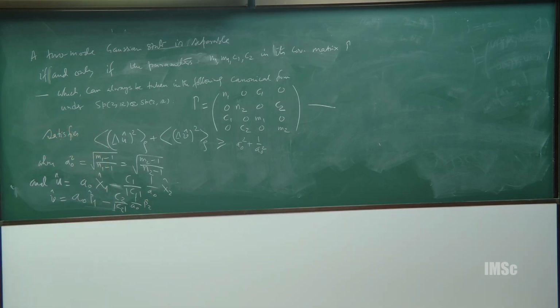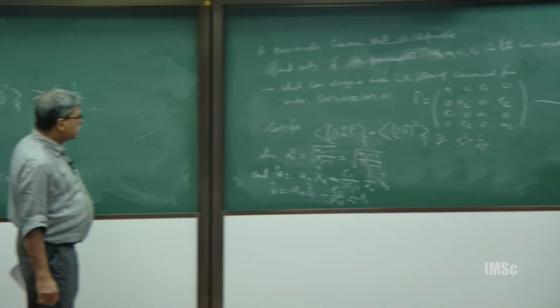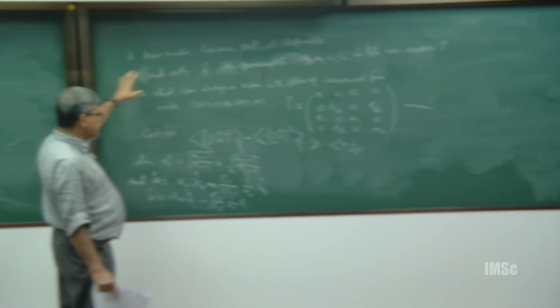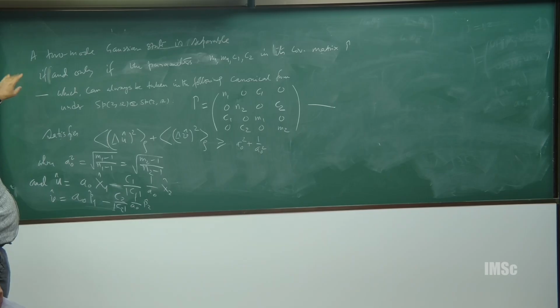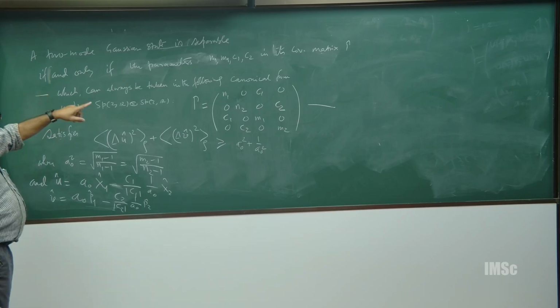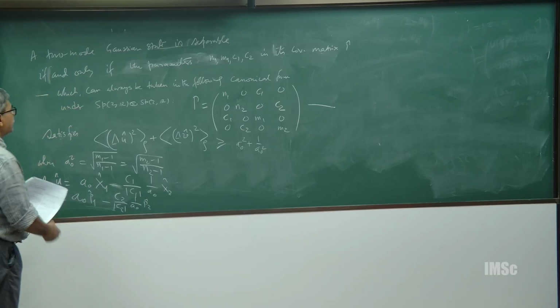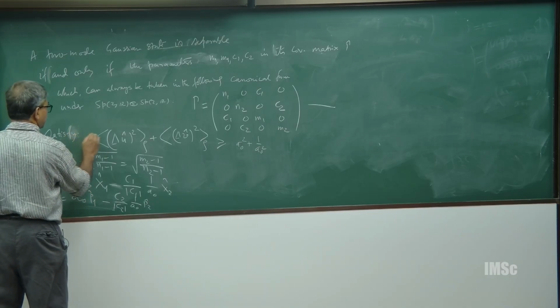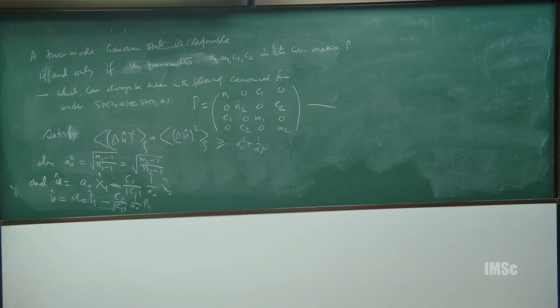Okay. So, it is something similar. Yeah, here you have this magnitude of A, but instead of that you have this thing. Okay. So, you see that any two mode Gaussian state is separable if and only if these parameters satisfy this thing. Okay. Right.